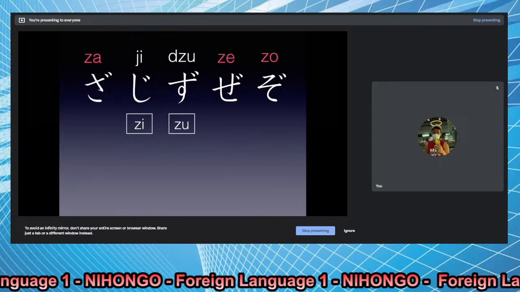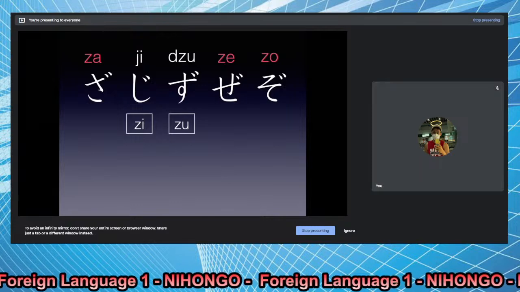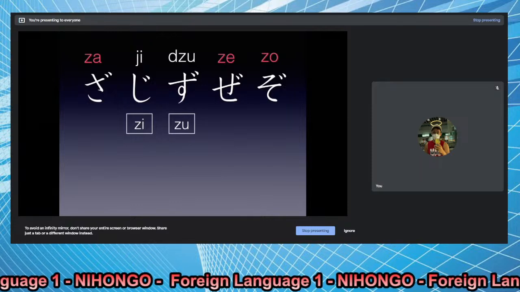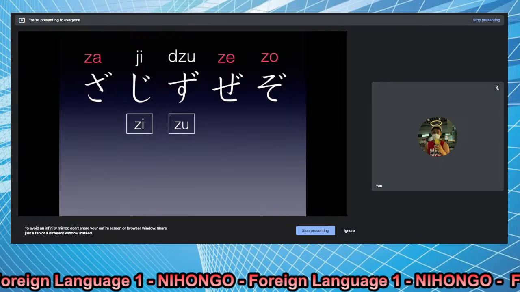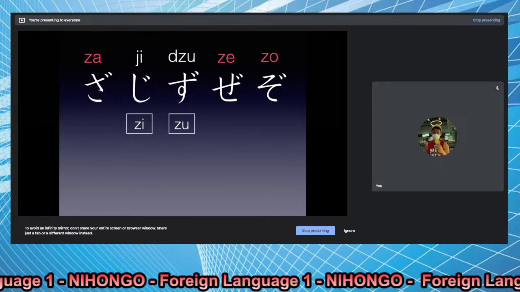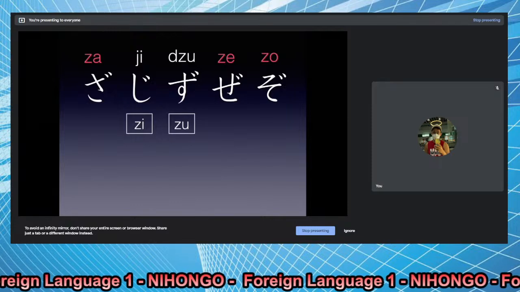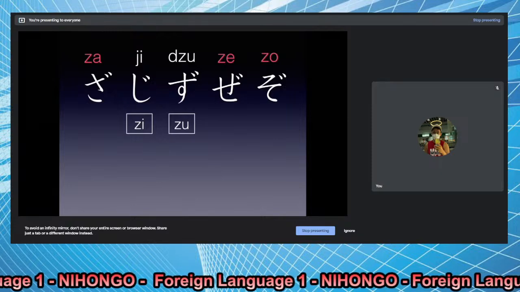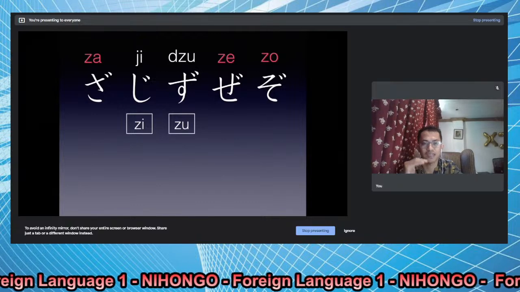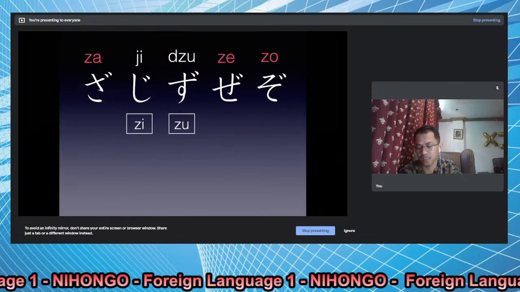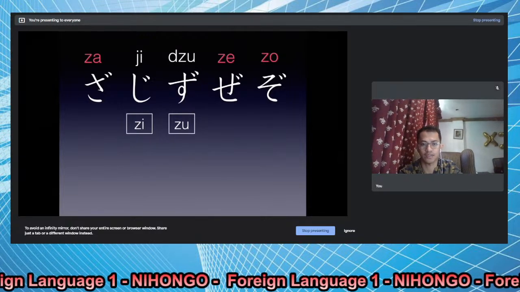So in this voiced sound, we have za, ji, zu, ze, zo. There are exemptions in this voiced sound because they don't have separate z and zu pronunciations in Japanese.